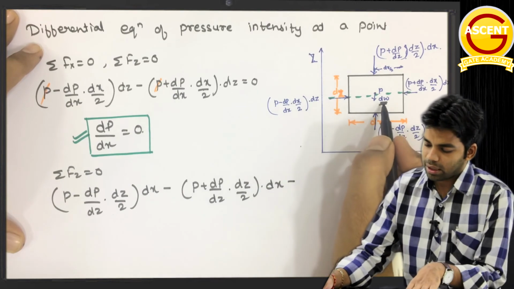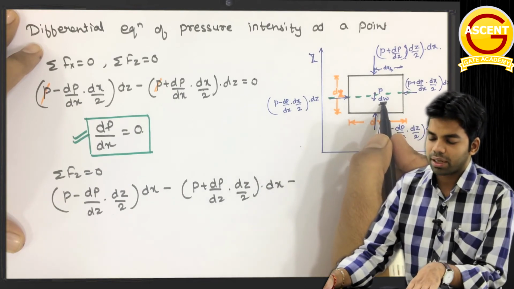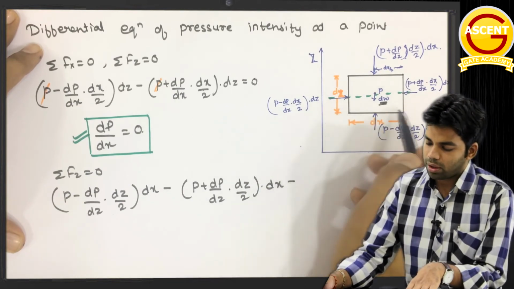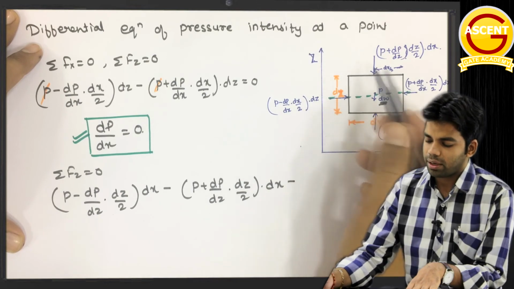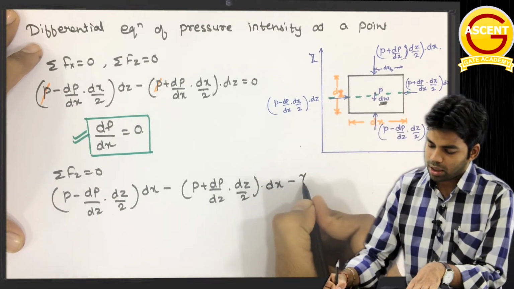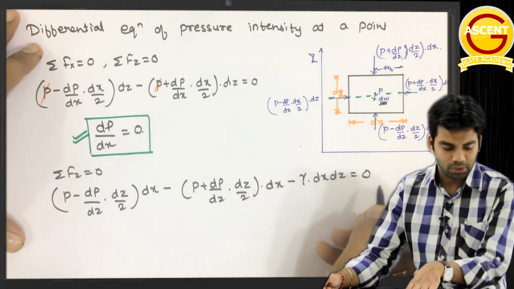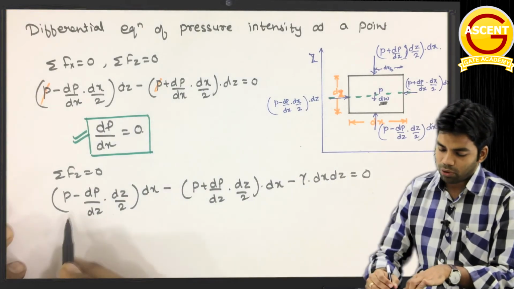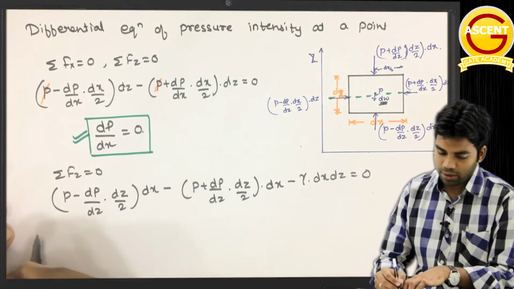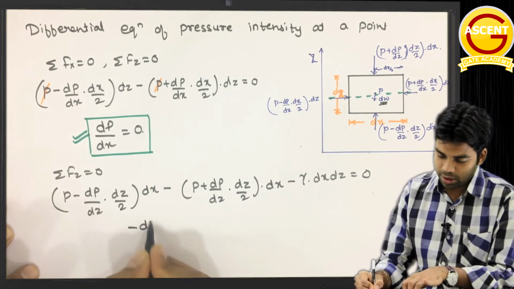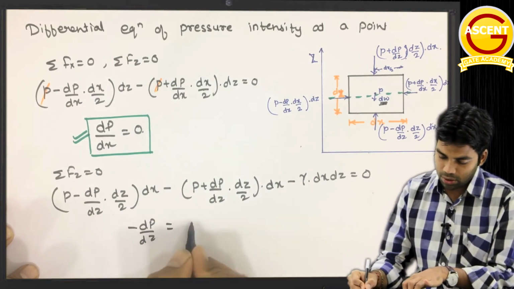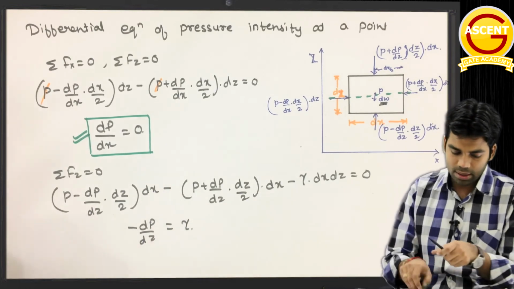And this dW can be written as specific weight into volume, and volume is dx into dz into dy. dy is 1, so this will be specific weight into dx into dz. This should be equal to 0. Getting this or not? Okay, so from here the P will get cancelled out, and finally we will get minus dp by dz is equal to gamma. Okay, this is the second result.